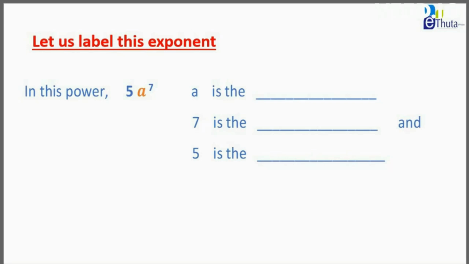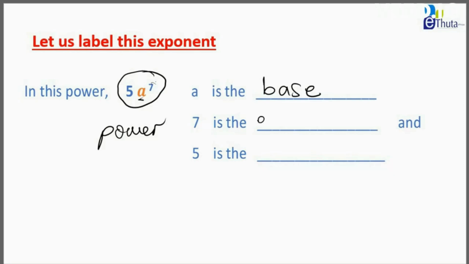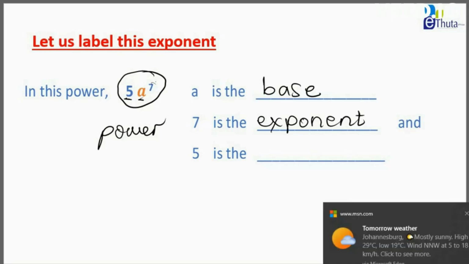So first of all, this whole thing is the power, and then a, this a here will be the base, and then 7, this 7 at the top here will be the exponent, and then the 5 will be the coefficient.